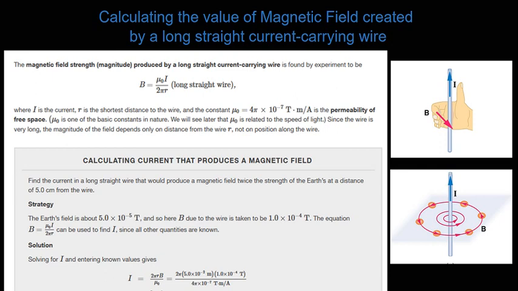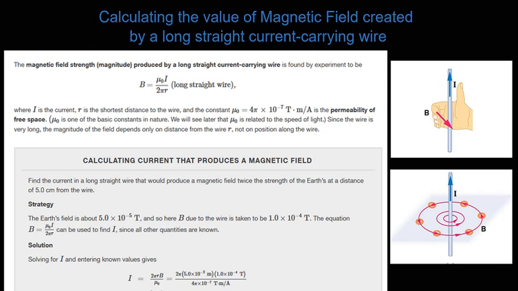In the previous video, we learned about using the right hand rule 1, or the thumb rule, or the right hand grip rule, for finding out the connection between the current in a wire and the direction of the magnetic field produced by that wire.